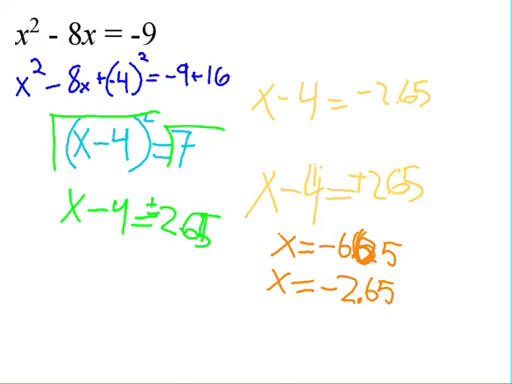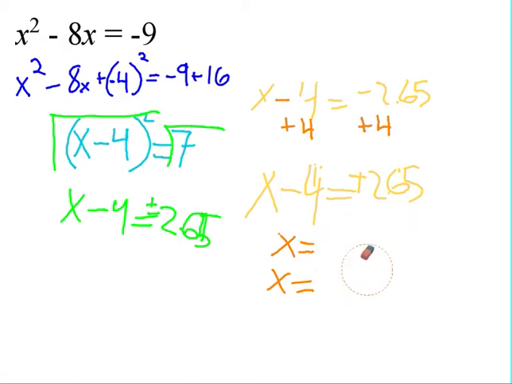Let's go ahead and add. This was a -4, so if I add 4 to both sides, I end up getting what value? If I take -2.65 and add 4, I should get 1.35. Yep. And then here, if I add 4 to both sides, I end up getting 6.65 positive.